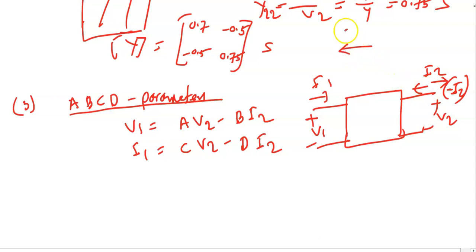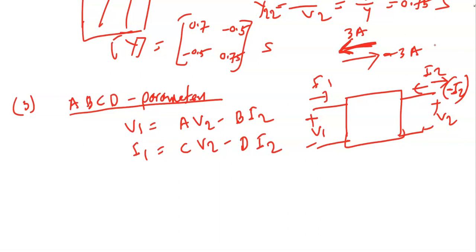Suppose this is a 3 ampere current. If I say this is the conventional current flowing in the left direction, it is 3 ampere, and the same current, if I say it is in the right direction, is minus 3 ampere. You just put the minus sign; the magnitude remains the same. I am just conforming to the convention. The actual current is 3 ampere.